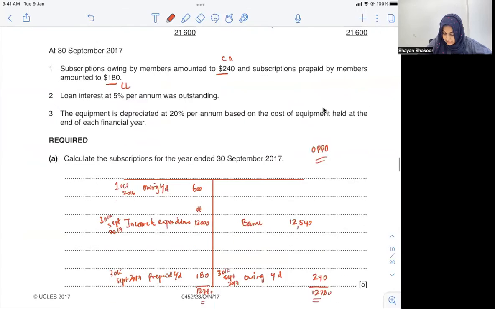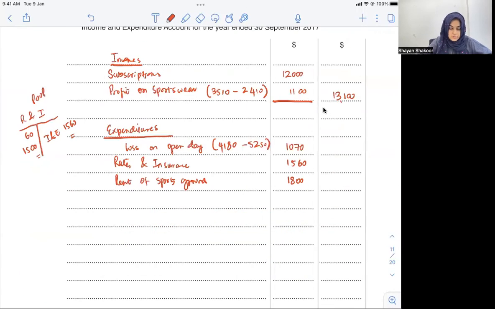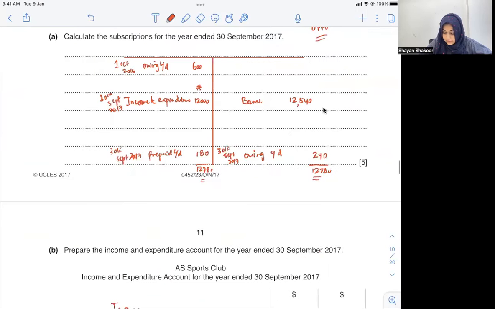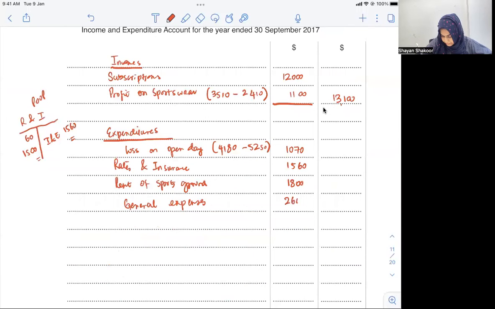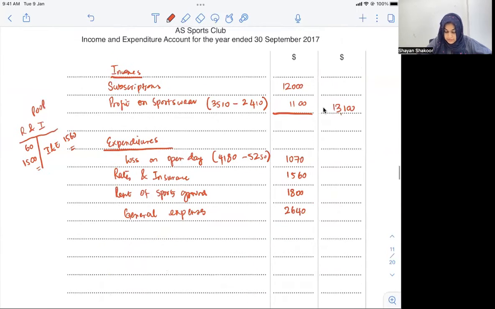Then we have general expenses. We don't have an opening prepaid or owing or a closing prepaid or owing for general expenses. So we just write general expenses as it is, and we write the amount that we've paid, that is 2,640.